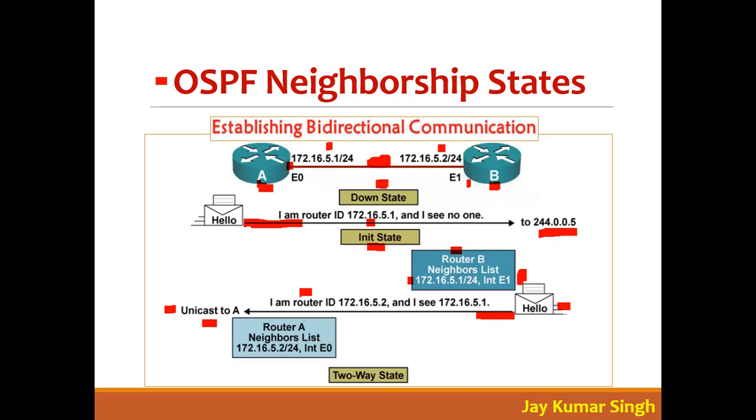Once router A receives its own router ID in the message from router B, it will put the information in its neighbor list. This is router A's neighbor list, this is router B's neighbor list. It says my neighbor is 172.16.5.2, connected to me via Ethernet 0.